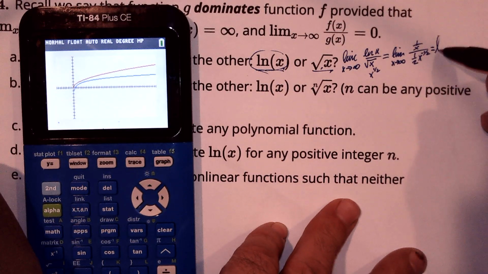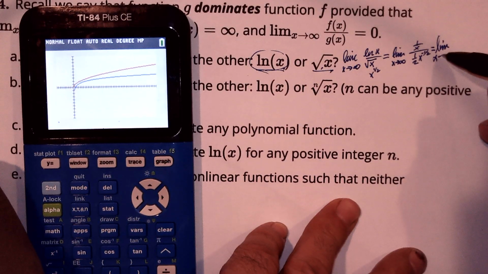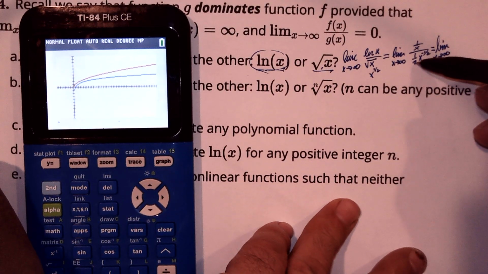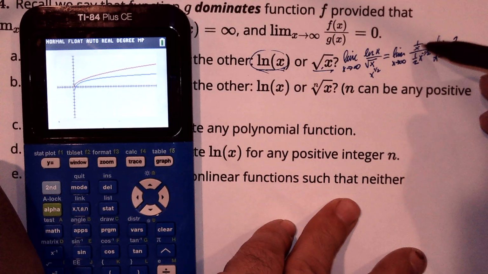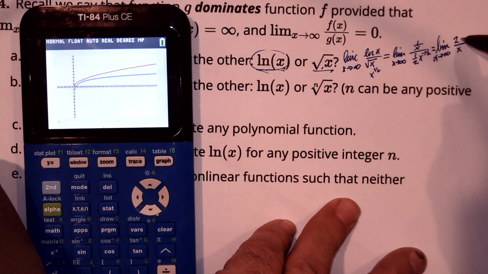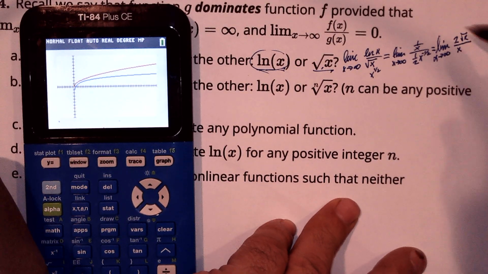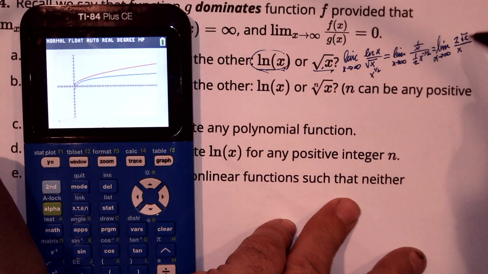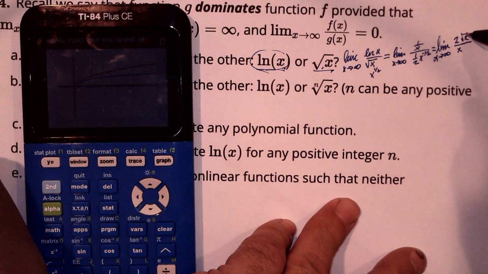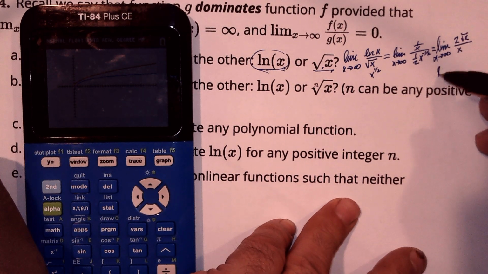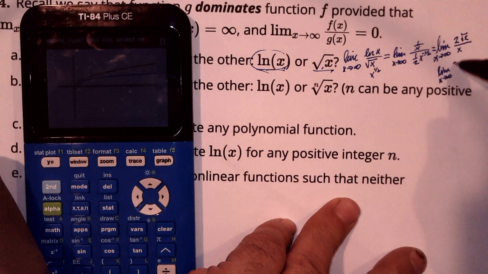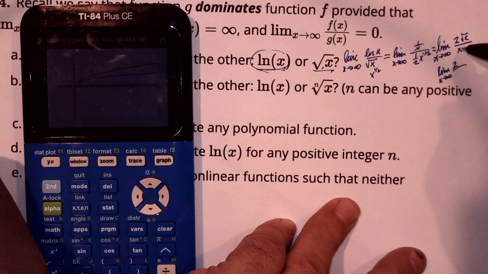So the 2 comes up, the x goes down, and the square root of x comes up. And square root of x is the 1/2 power. We can reduce this by subtracting the powers. So this is the limit as x goes to infinity of 2 over x to the 1/2, from the power 1 minus 1/2.